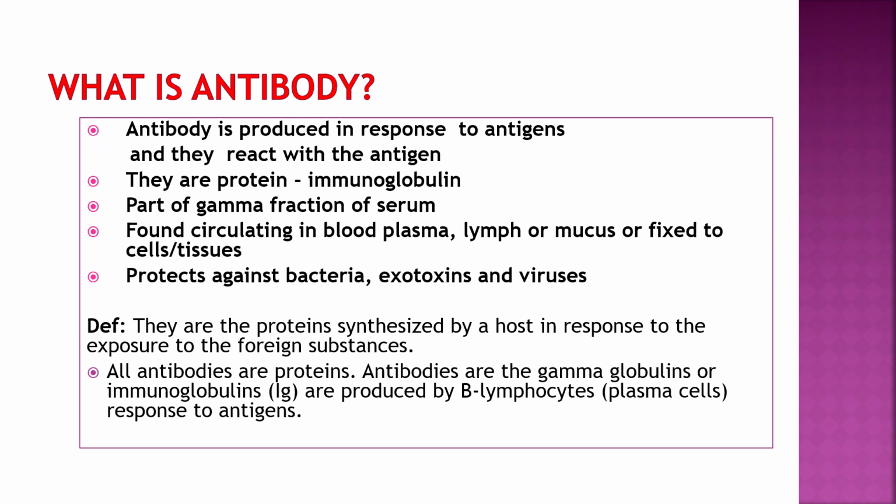So they are proteins synthesized by the host in response to exposure to foreign substances. All antibodies are proteins. Antibodies, gamma globulins or immunoglobulins, are produced by B lymphocytes, that is plasma cells, in response to antigens.